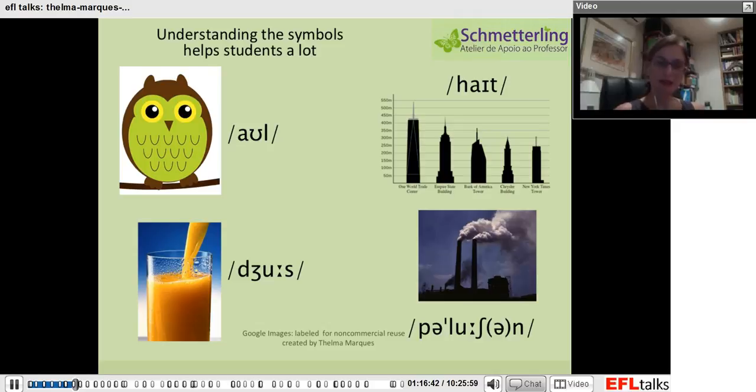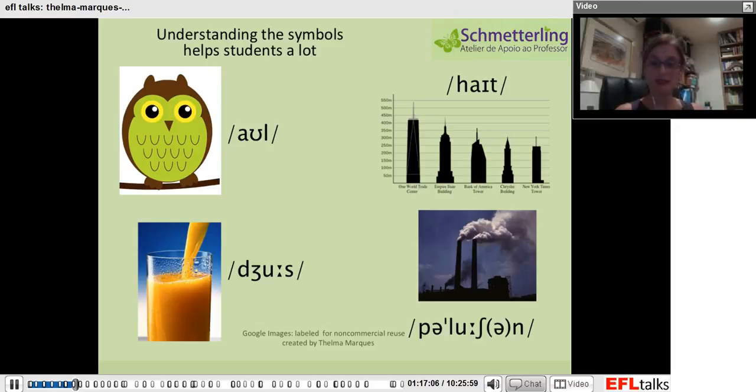The same applies to words that end in final E in English, for example, juice here. In some languages, the tendency is to add a final vowel sound and consequently add a syllable that doesn't exist. If you use the symbol, you read it correctly, juice.